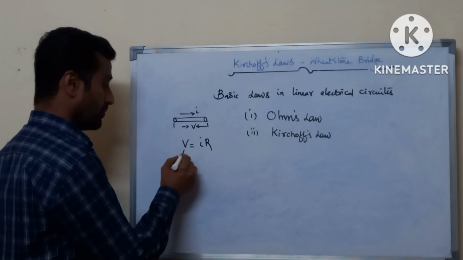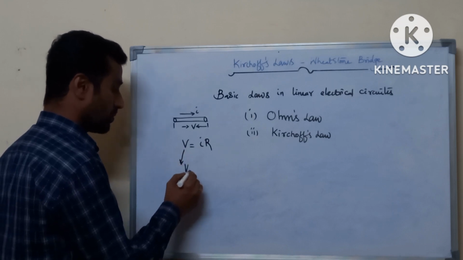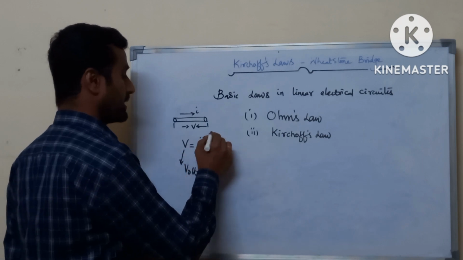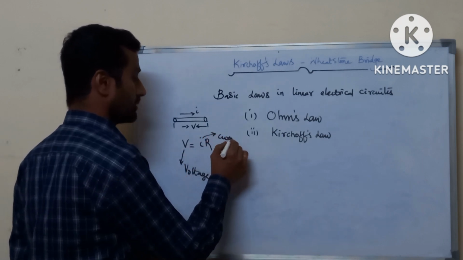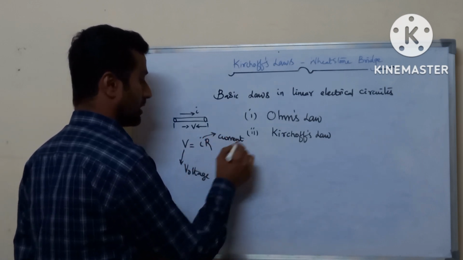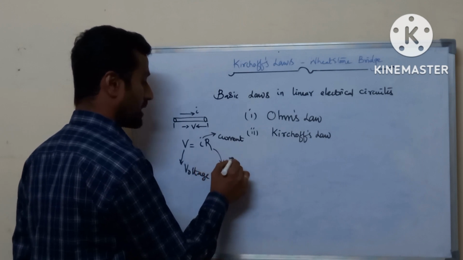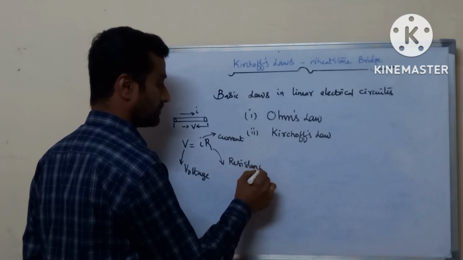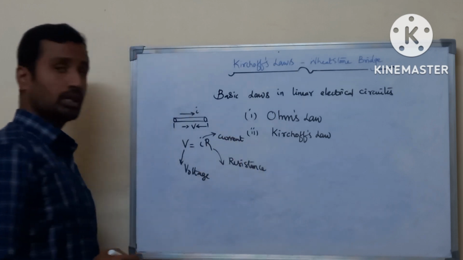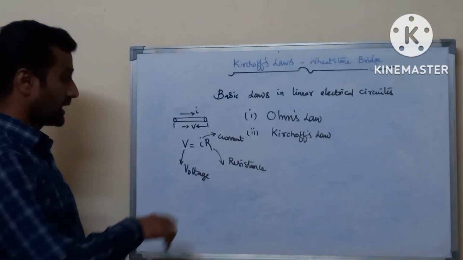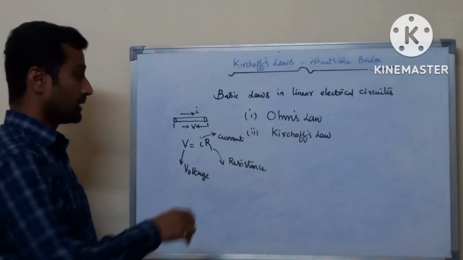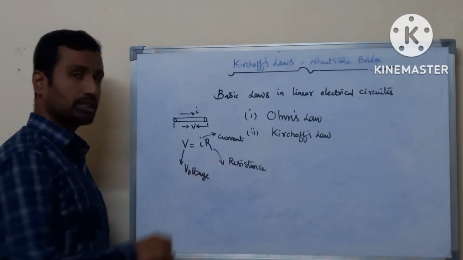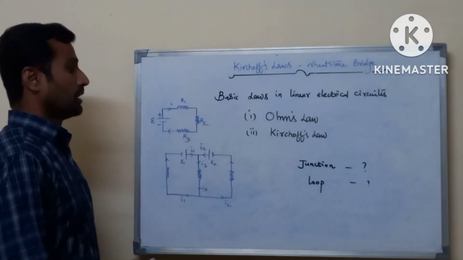Here V is called voltage, I is called current and R is called resistance. The unit for voltage is volt, the unit for current is ampere, and the unit for resistance is ohm.